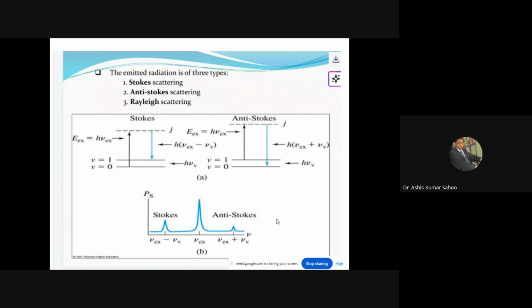In the case of Stokes, we get energy h times the excitation frequency minus the vibrational frequency, but in the case of anti-Stokes, we get h times the excitation frequency plus the vibrational frequency. So here one will be plus, another will be minus.